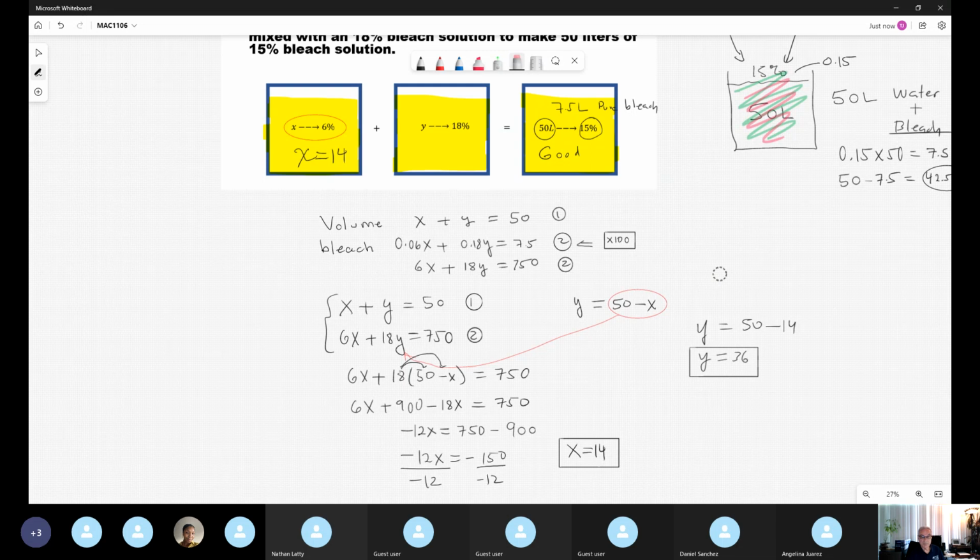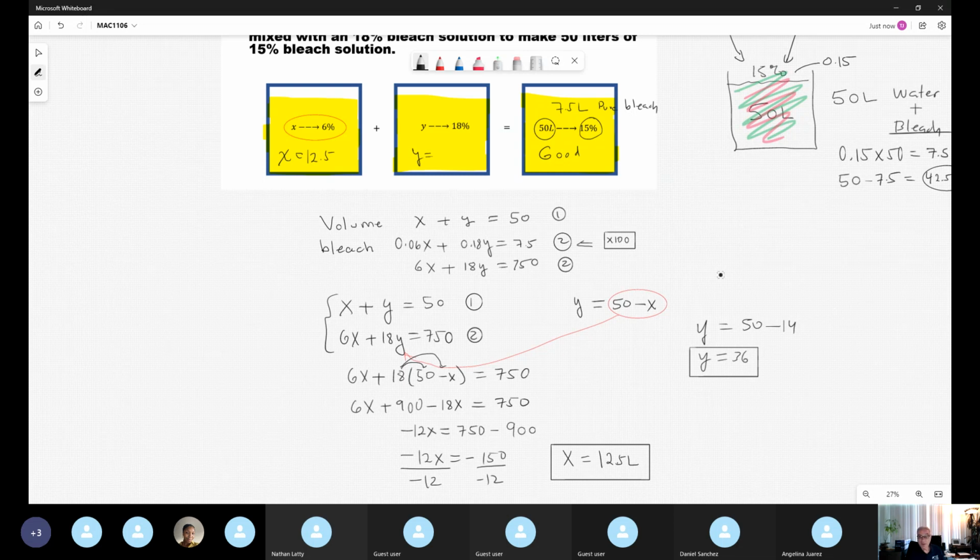Es decimal. Put in the calculator, negative divided by negative is positive 12.5. 12.5 liters of this, not 14. However, the other concentration, y, is 50 minus 12.5. So 50 minus 12.5 is 37.5.